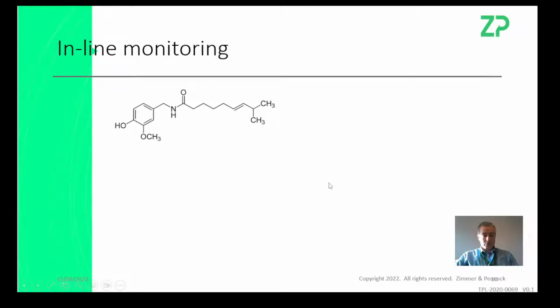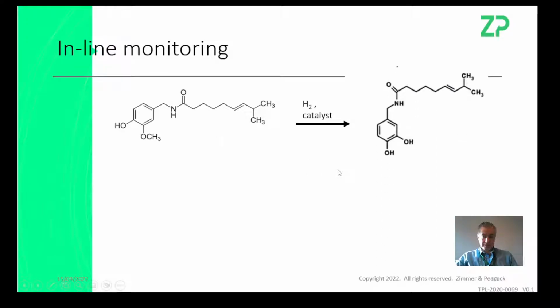So I have this scenario where I've got a methylated kind of phenol here. I know not everyone's an organic chemist, but I will describe that. I'm going to demethylate it using hydrogen and a heterogeneous catalyst. Essentially I remove the methyl group, CH3, and I just replace it with a proton, or hydrogen atom. Fairly simple.